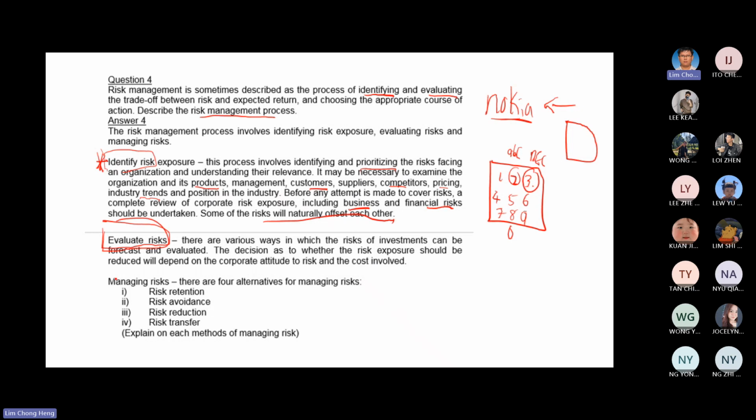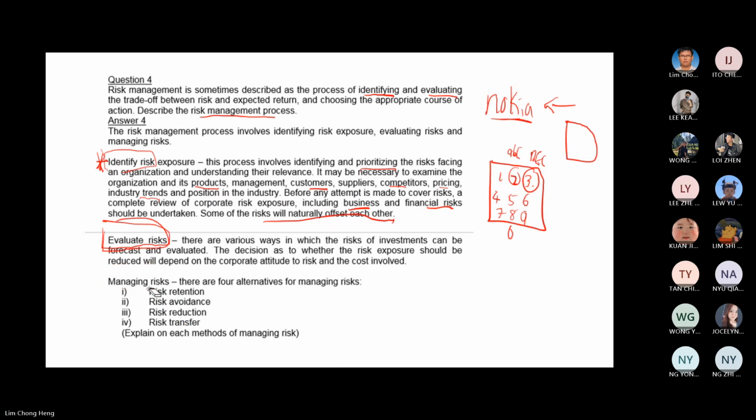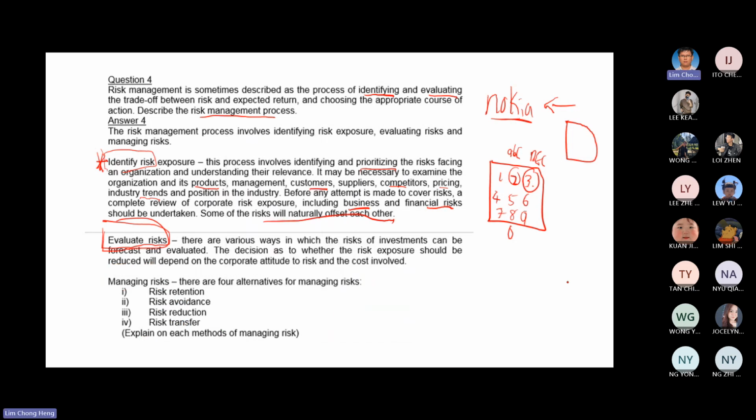Okay, then after this, you manage the risk. We have 4 methods to manage the risk, and they are very simple methods.